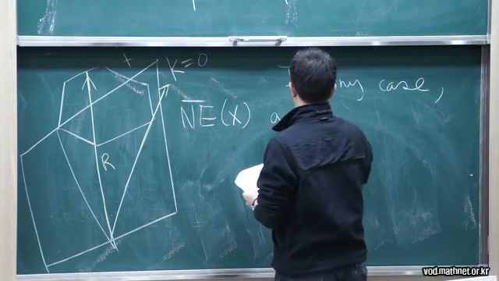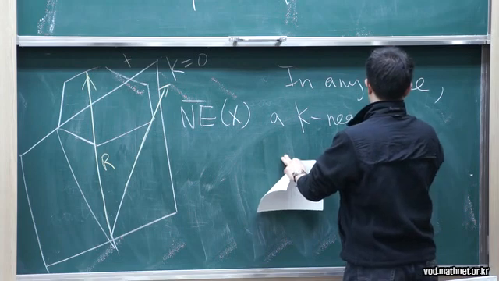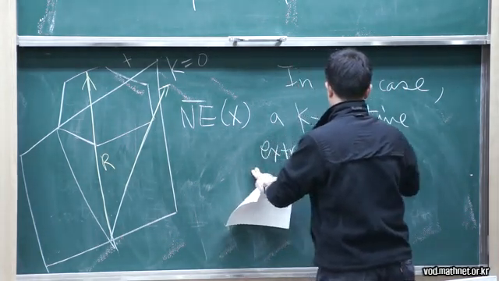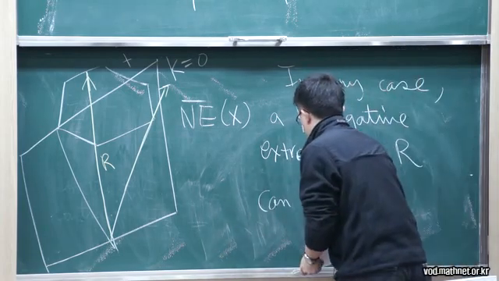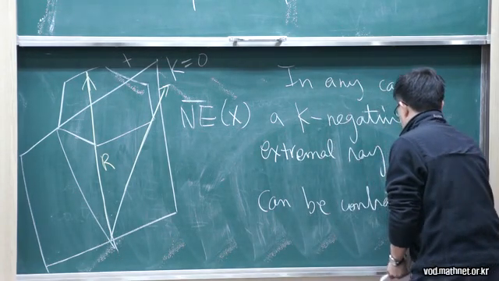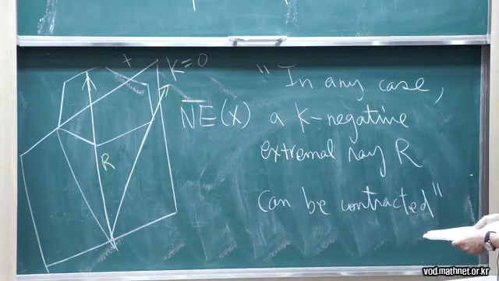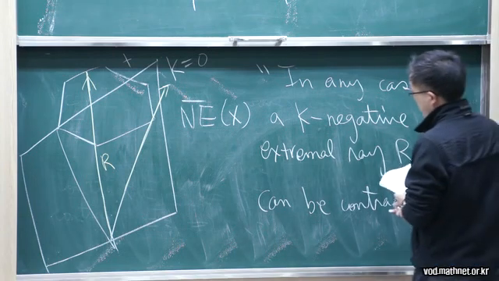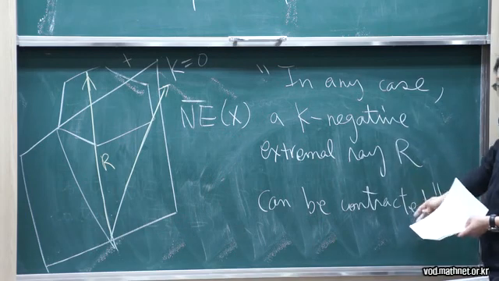So in any case, a K-negative extremal ray R can be contracted. And actually this is the statement we will get in the high dimensional case too.